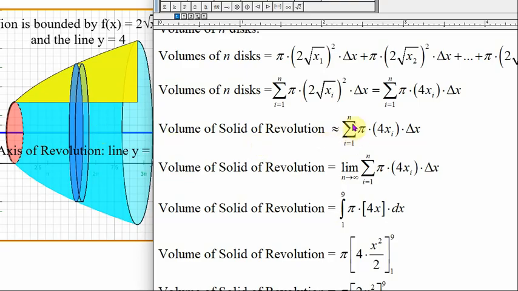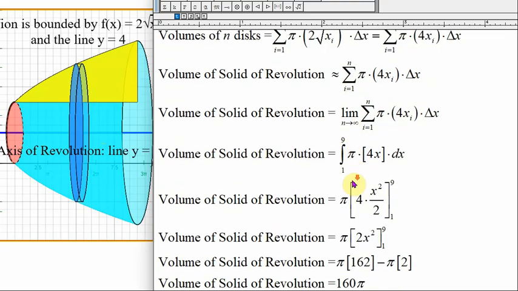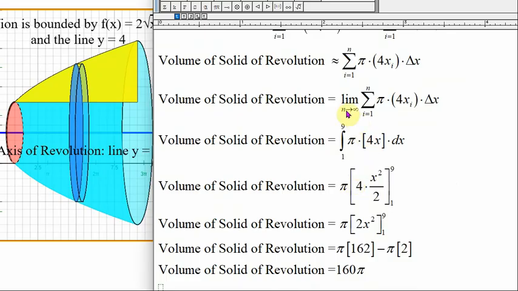So when n runs to infinity, we write the limit of this sum with n approaching infinity. When the limit exists, we define it as the definite integral from 1 to 9 of pi times 4x dx.